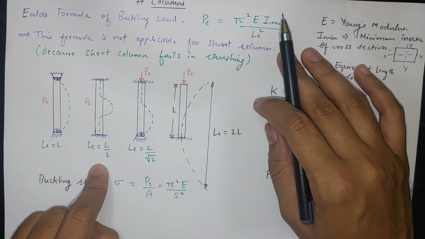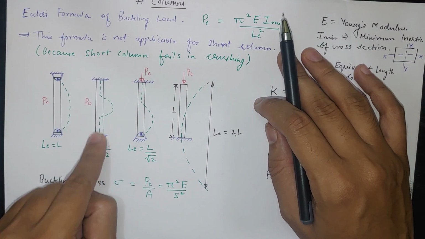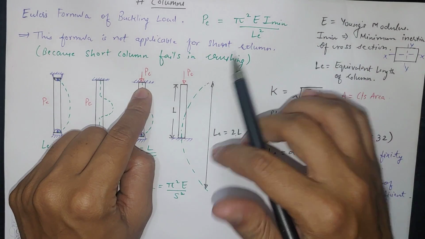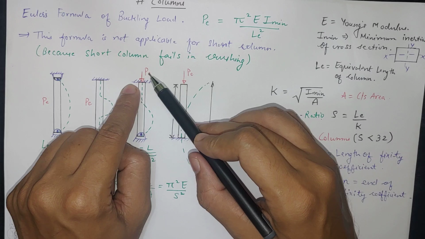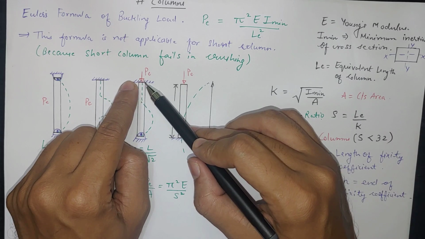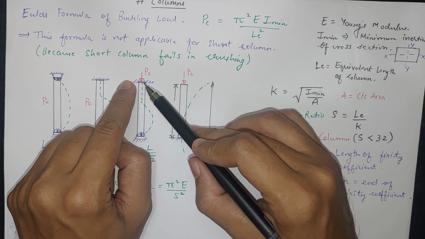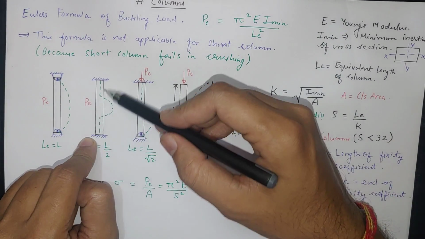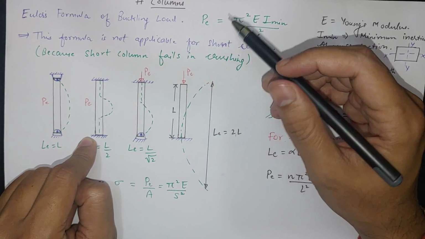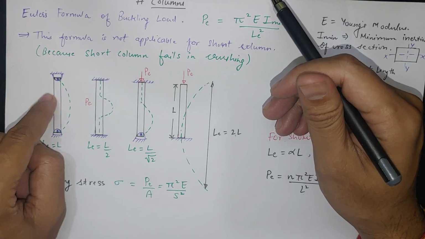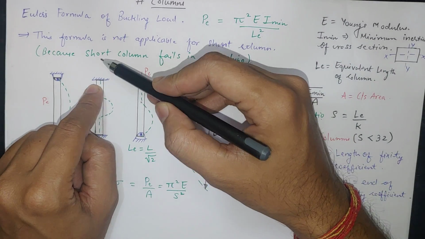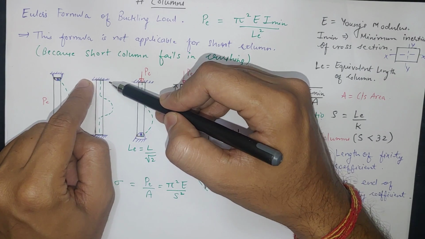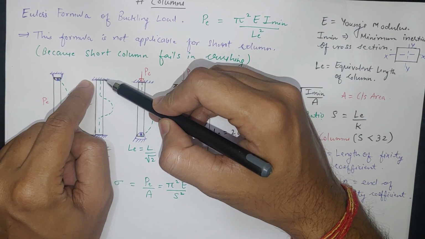Similarly, the highest is with both ends fixed. You can also apply this load externally by fixing the column and not allowing it to move anywhere, then applying the load. In the other cases you can apply it by thermal load only. Thermal stresses arise if we increase the temperature. If you apply the load externally, you have to fix this end so that it does not rotate, by sticking or welding it to this surface.